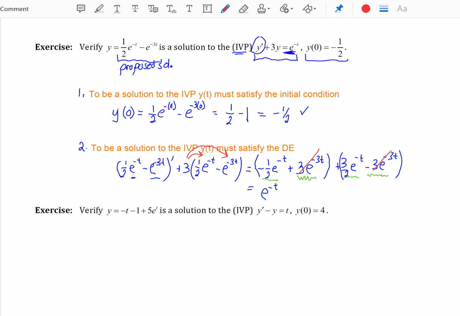So we end up with just e to the negative t, which is equal to the right-hand side. This tells us that this satisfies the differential equation, and it satisfied the initial condition, so we know that this is a solution to the IVP. In general, you need to make sure that it satisfies both conditions.